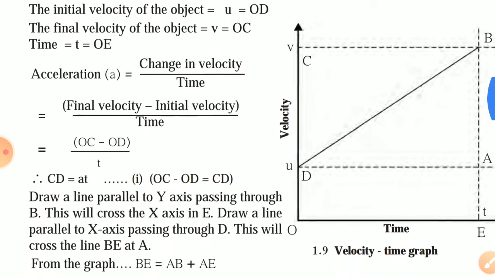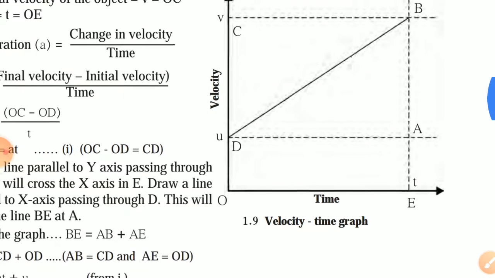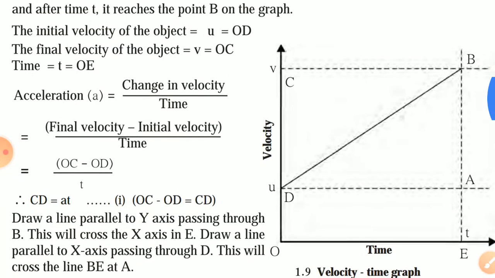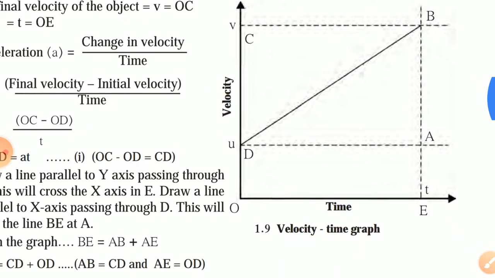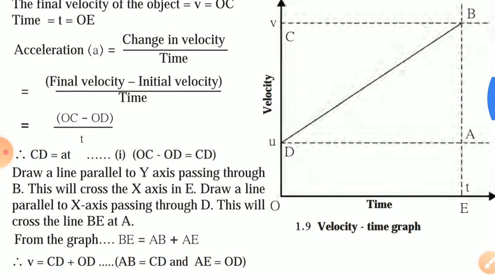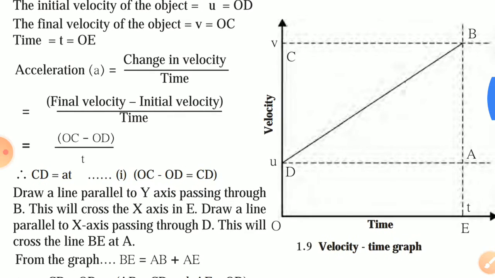See, OD is the initial velocity, that is u. OC is the final velocity, that is v, and OE is the time taken, that is t.